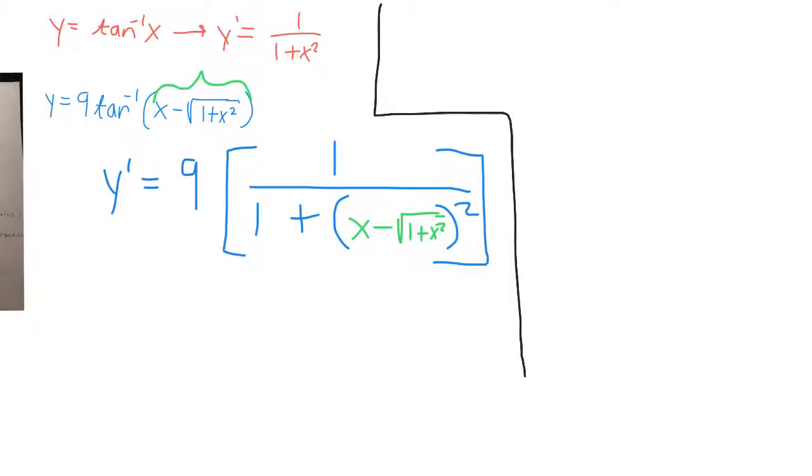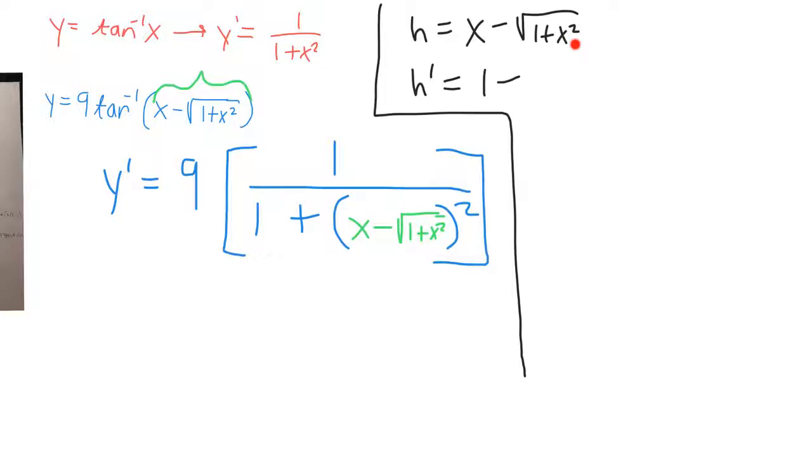We're going to treat this as a separate problem, and let's call it h. H is x minus radical 1 plus x squared. Now, the derivative of h is going to be 1 minus the derivative of this, right?